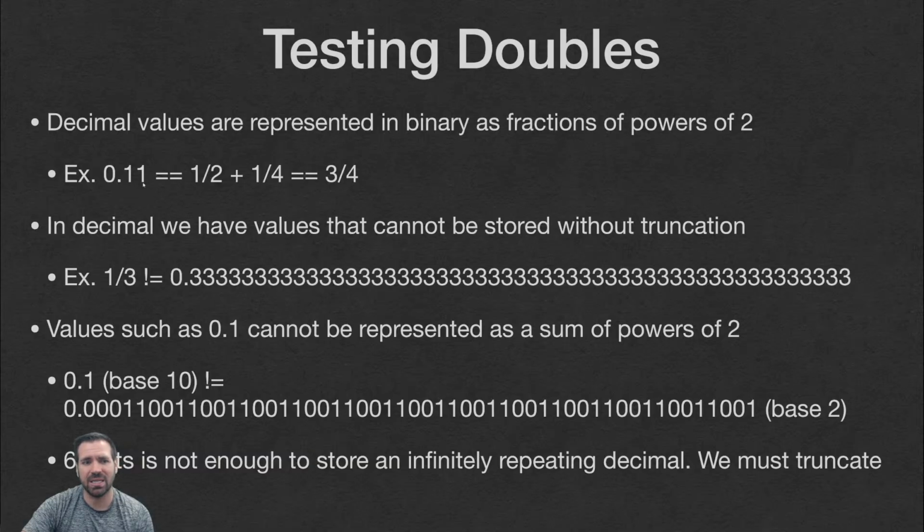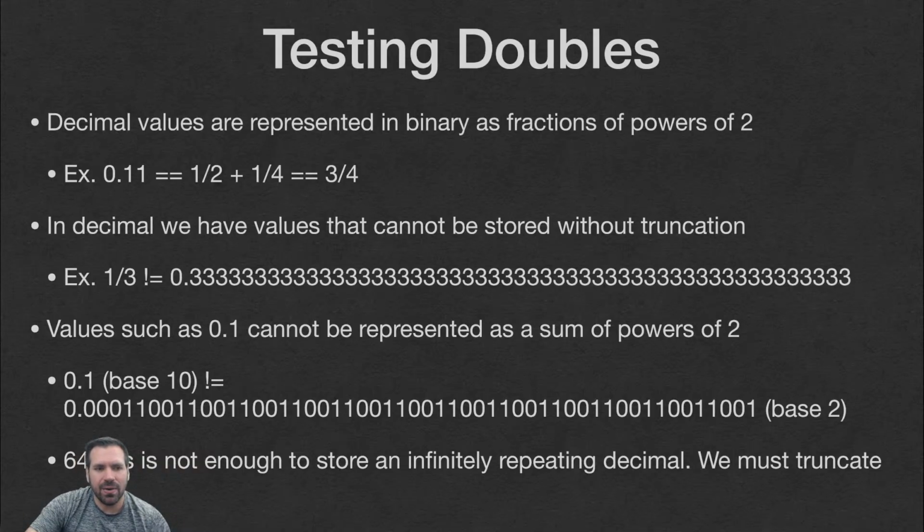It's a summation of fractions. Same way with base 10. To jump ahead a little bit, this would be 1/10 plus 1/100th plus 1/1,000th plus 1/10,000th. That's how we represent our values here. Same thing in binary, except it goes by twos. So we have the one, this is 1/2 plus 1/4. So 0.11 in binary is equivalent to 3/4 as a fraction in base 10.